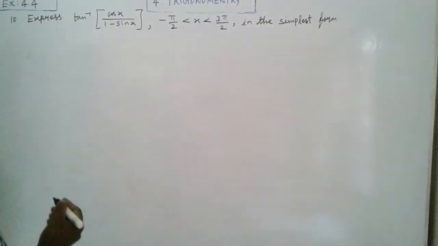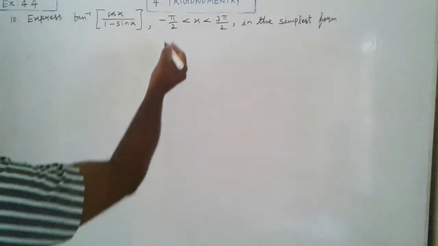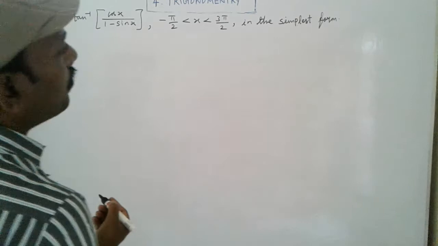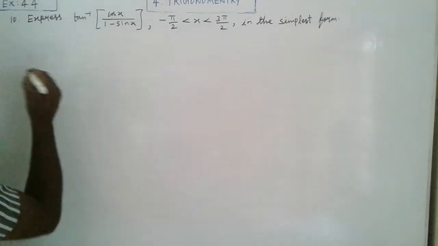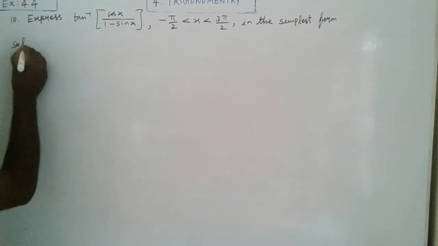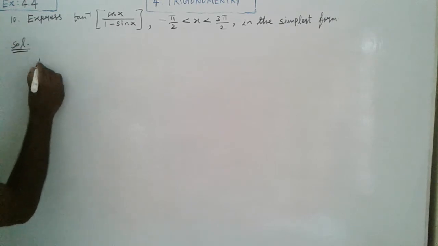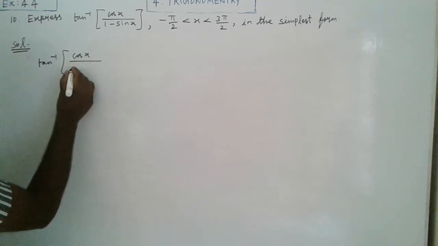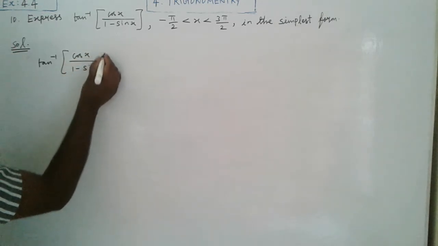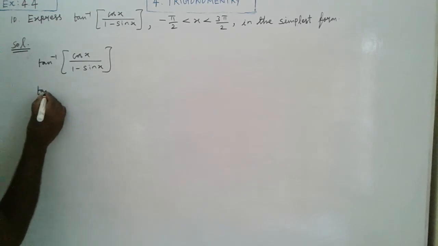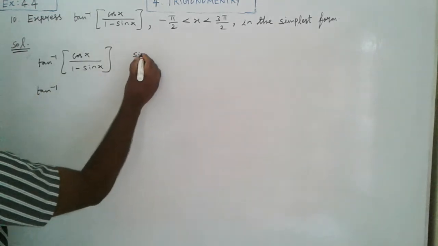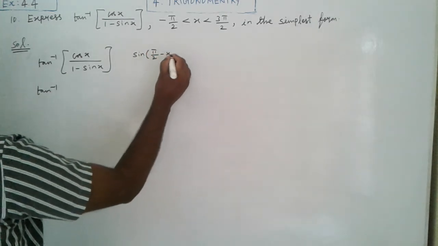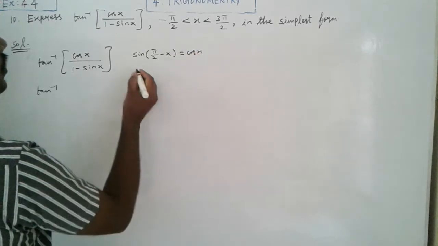Express tan inverse of cos x divided by 1 minus sin x, where the limit is given as minus pi by 2 less than x less than 3 pi by 2, in the simplest form. So to get the simplest form we should change it. Solution: given tan inverse of cos x divided by 1 minus sin x. We should write tan inverse; sine of pi by 2 minus x is cos x, that is the formula.